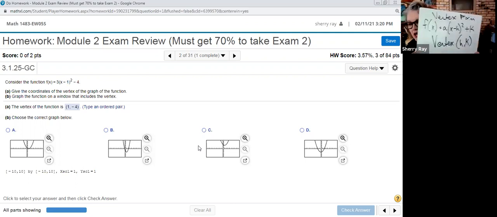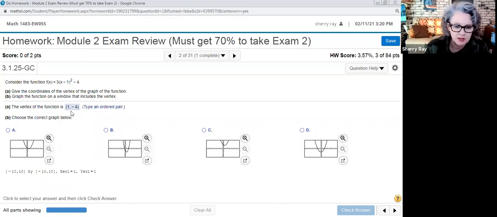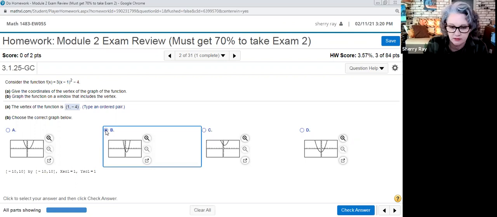Okay, and you take the opposite of the number in the parentheses, and then the constant is the second coordinate of your vertex. Now, I think on your actual test, there's like 18 questions, and I think most of the parabolas are going to be in the standard form. That's the ax squared plus bx plus c form. Here my vertex is 1, negative 4, so it's looking to me that's probably going to be choice B right there.